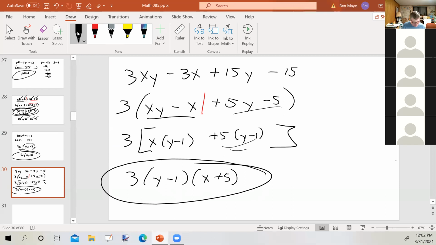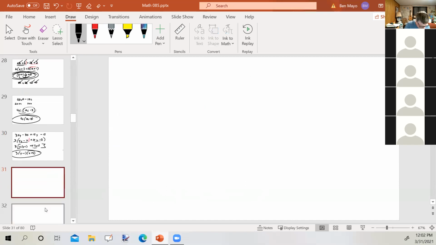Let's see here. How about this one? 3a to the 4th power plus 30a cubed plus 75a squared. Well, this is a trinomial.